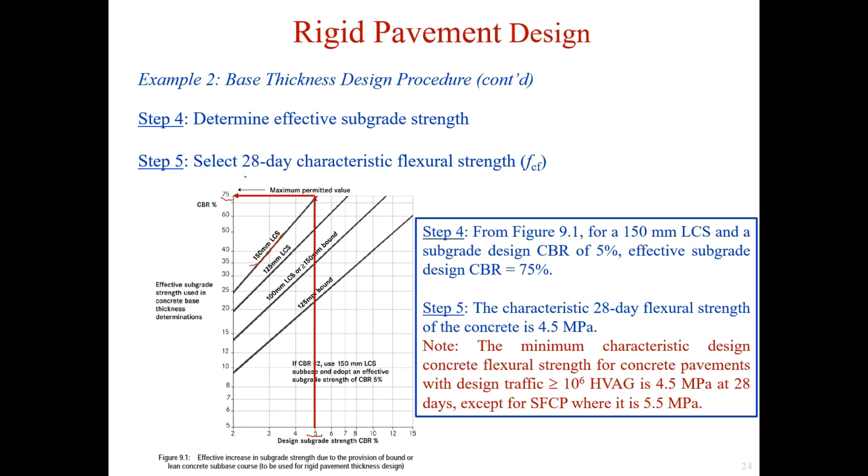Step 5 is to select the concrete 28-day characteristic flexural strength FCR, which is given in the question as 4.5 megapascal. This also meets the requirement of minimum characteristic design concrete flexural strength.